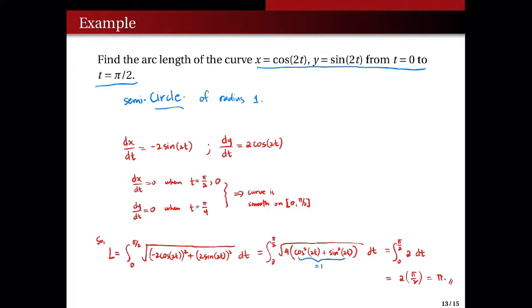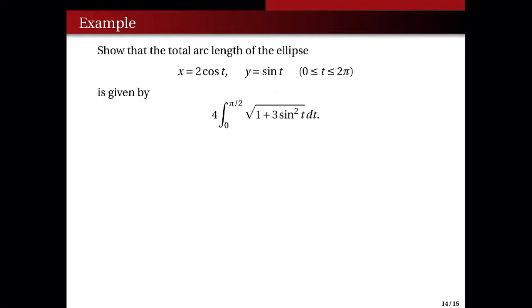So let us calculate this formula here. All we need to do is to get dx over dt, which is just negative 2 sine t. dy over dt is equal to cosine t. And they will not be 0 at the same time.